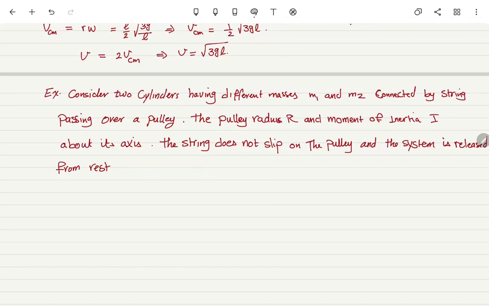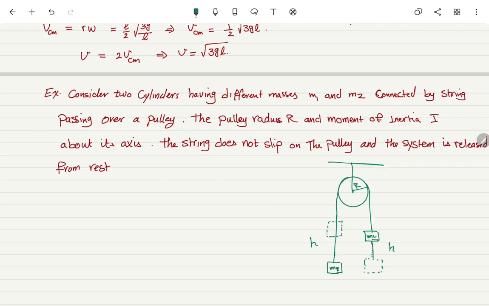Consider two cylinders having different masses M1 and M2 connected by a string passing over a pulley. The pulley has radius R and moment of inertia I about its axis. The string does not slip on the pulley and the system is released from rest. So here's the situation.